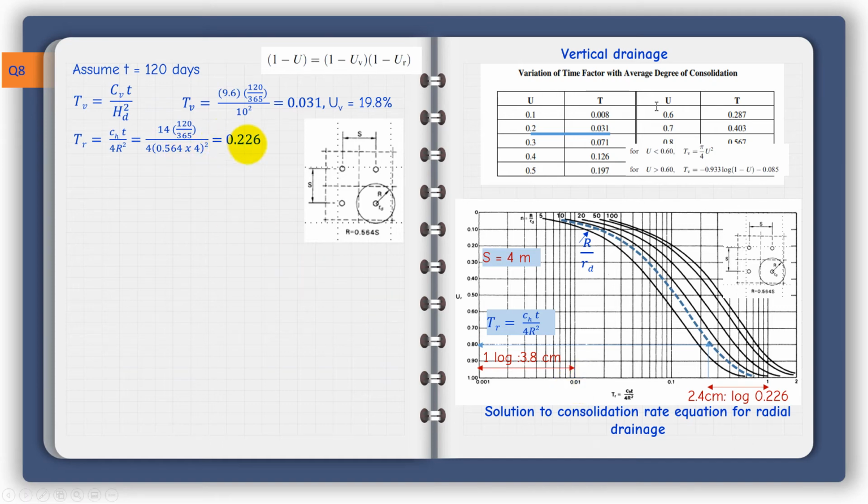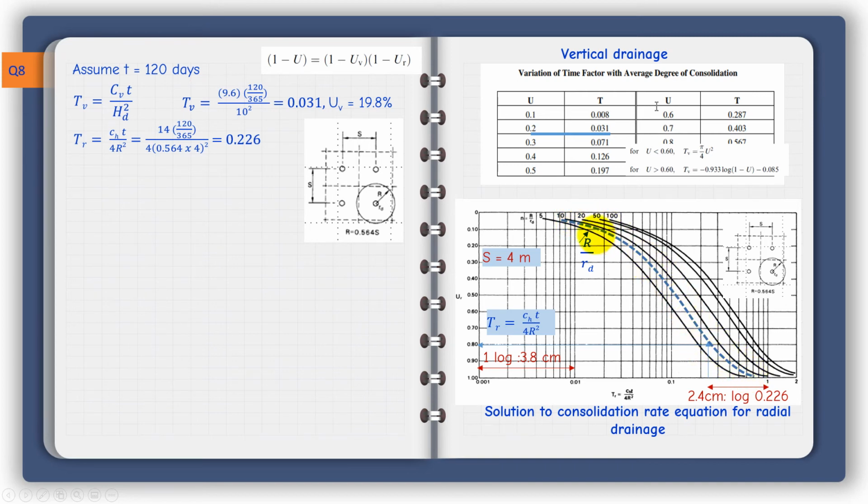So 0.226, when you work out the log of this 0.226, it will come as minus 0.645. So it will be to the left of 1 here because log 1 is 0. So whatever after 1 will have a positive value for the log, and whatever before it will have a negative value. So I basically multiply this 3.8 centimeter by log 0.226, and then the distance would be 2.4 in this particular case. So I measure it, and then this will go and intersect this blue curve.